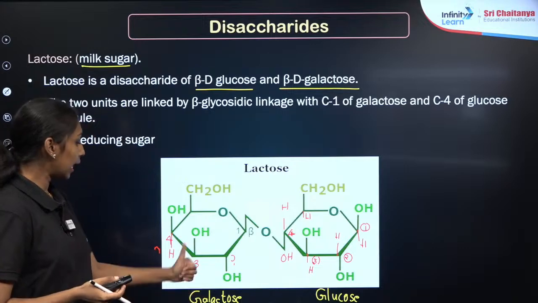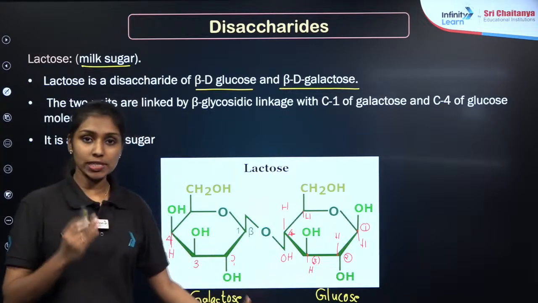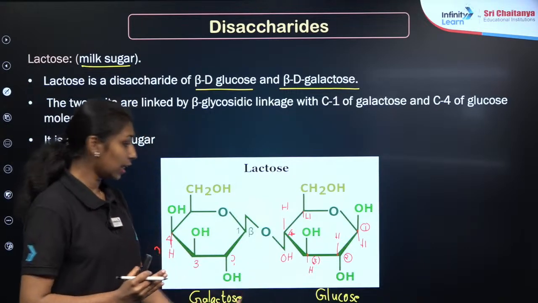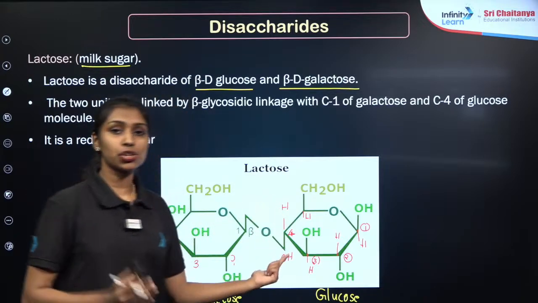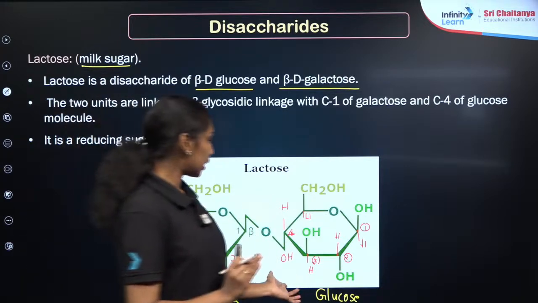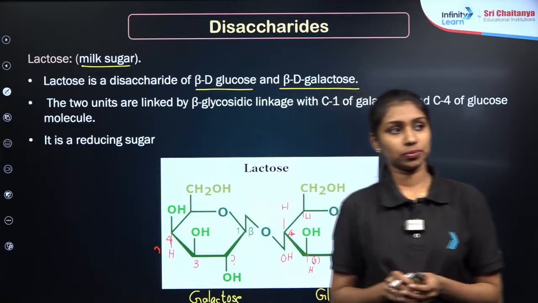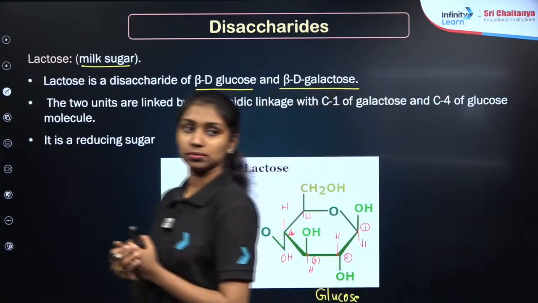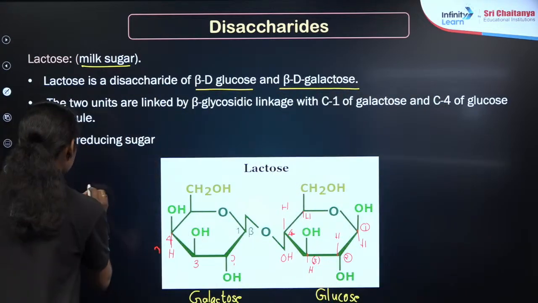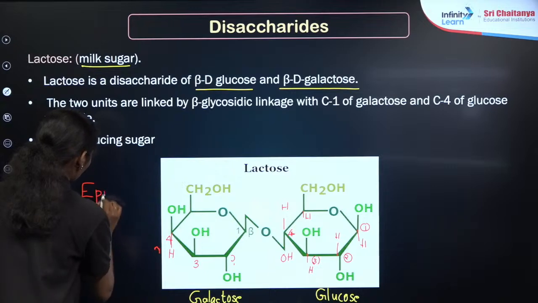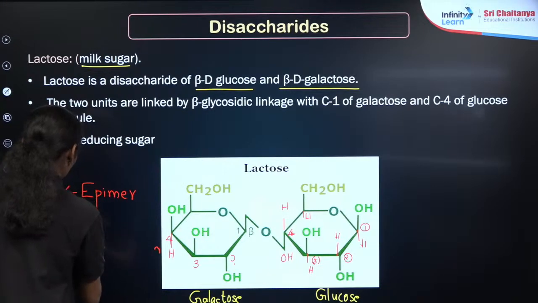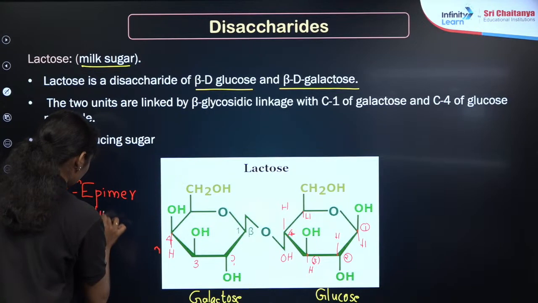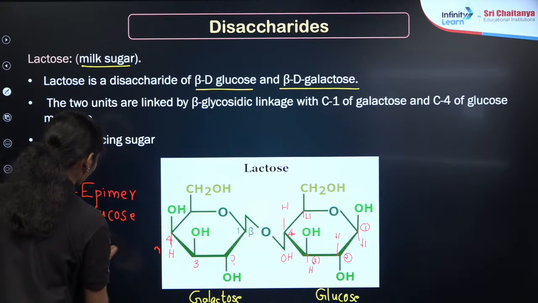So, galactose and glucose have almost the same chemical formula as well as structure. The only difference is that in the fourth position there is a different configuration of H and OH. Is that clear? That term we call epimers. Galactose is the 4th epimer of glucose.